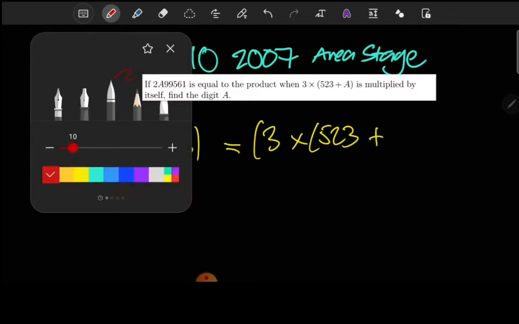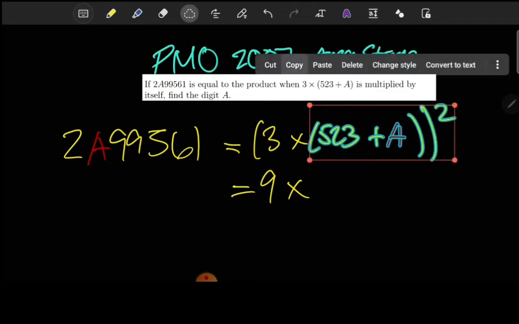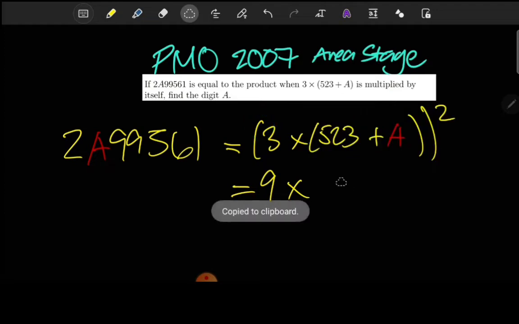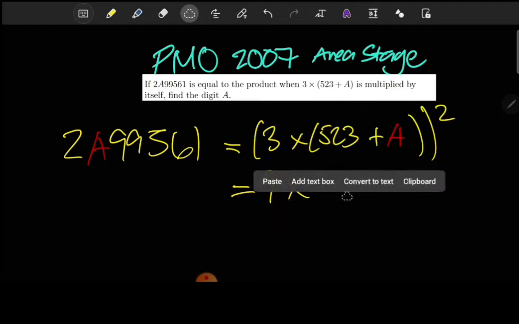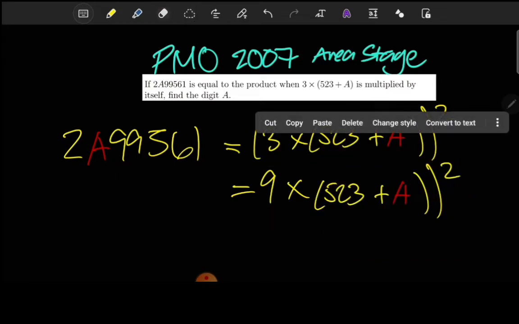If I simplify this, it becomes 9 times, okay, just copy, paste, then erase.